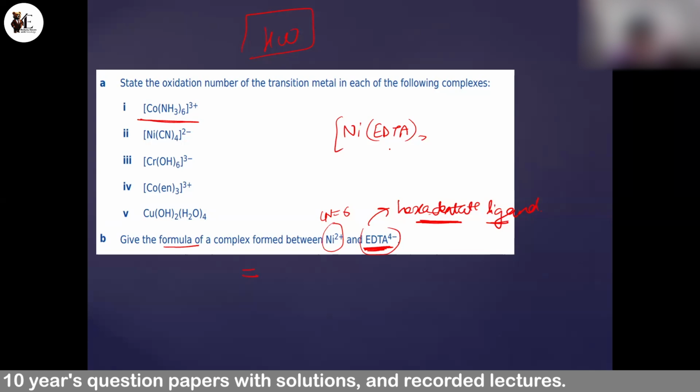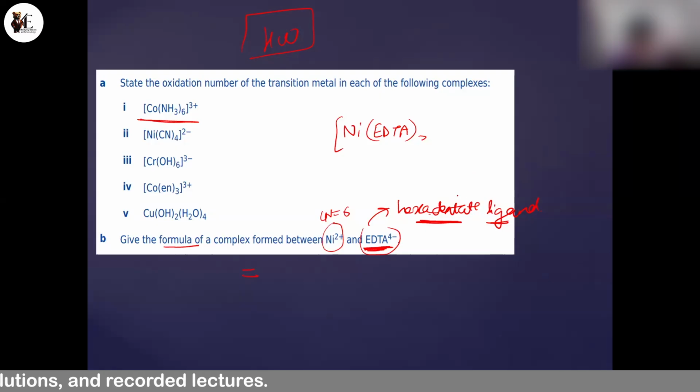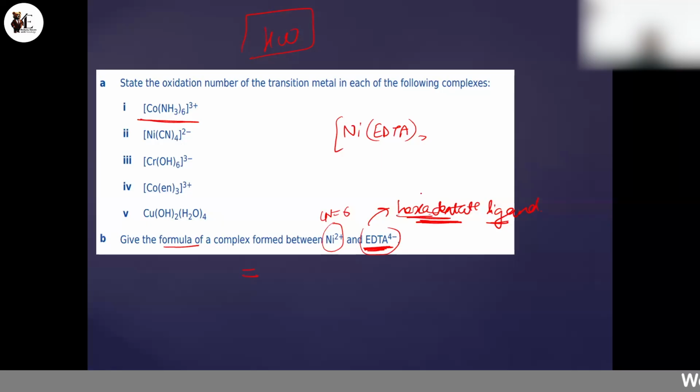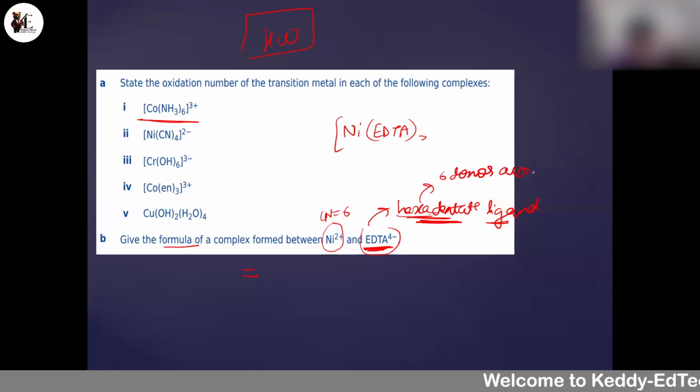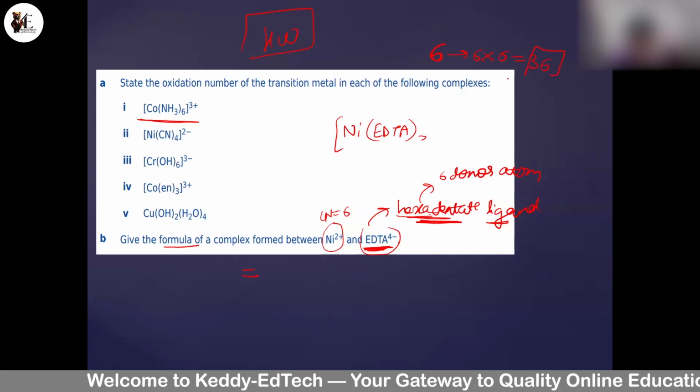If you write 6 here, then what will the coordination number become? It is hexadentate, which means there are 6 donor atoms. So if you attach 1 EDTA, there are 6 donor atoms. If you attach 6 EDTA, it will become 36 donor atoms. It is very unstable.